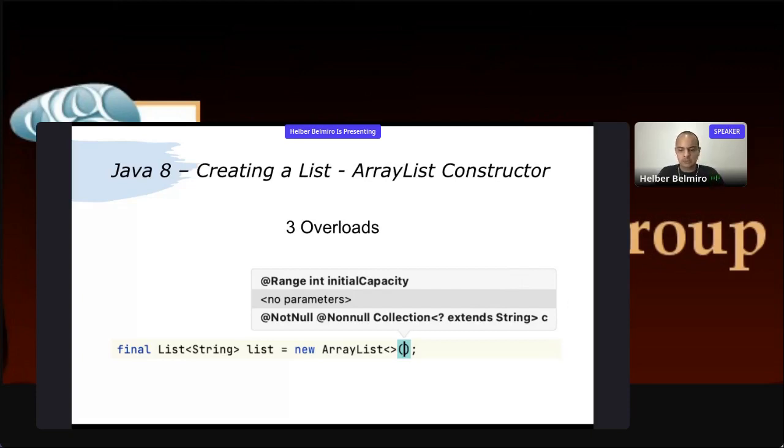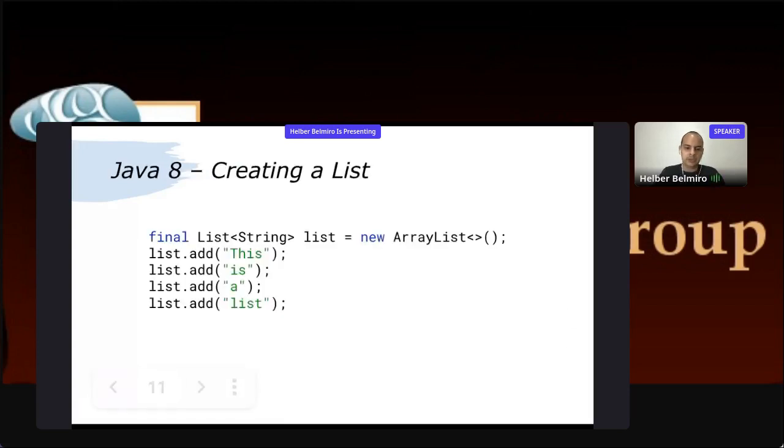So what we usually do, we create an empty list and add each element one by one, and now we have our list with the elements.